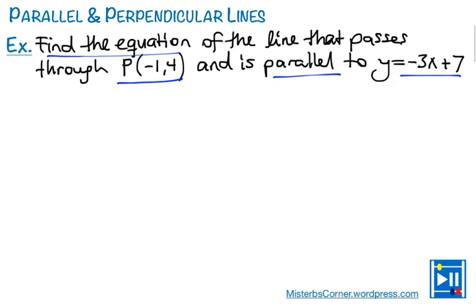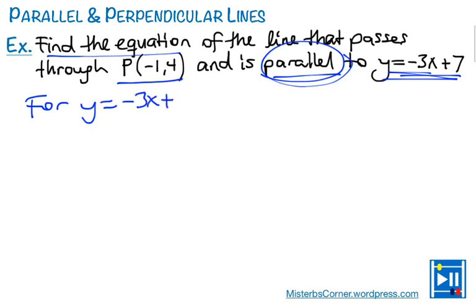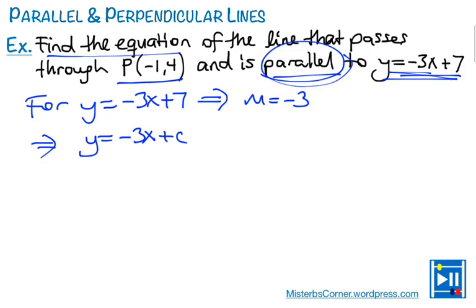So for the gradient, we're going to use the parallel rule. It is given in here. Basically, for y equals minus 3x plus 7, the gradient is minus 3, so I can start writing the equation of the line that I'm asked to find as y equals minus 3x plus c.